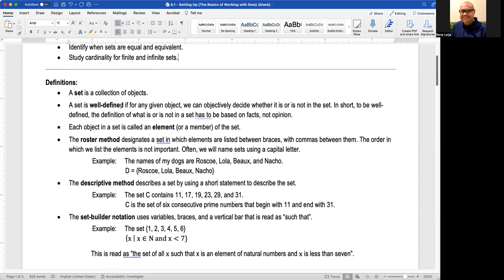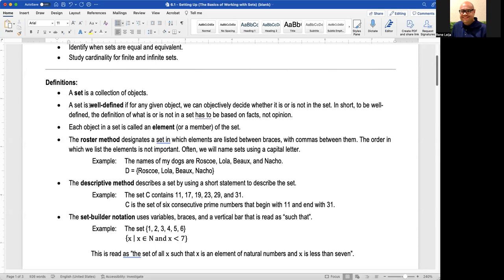A set is well defined if within that set, or the collection of objects, we can identify a subset or another set within that larger set. For example, the example that I use in class is hair color or ethnicity or gender, those who wear glasses, or eye color, something like that.